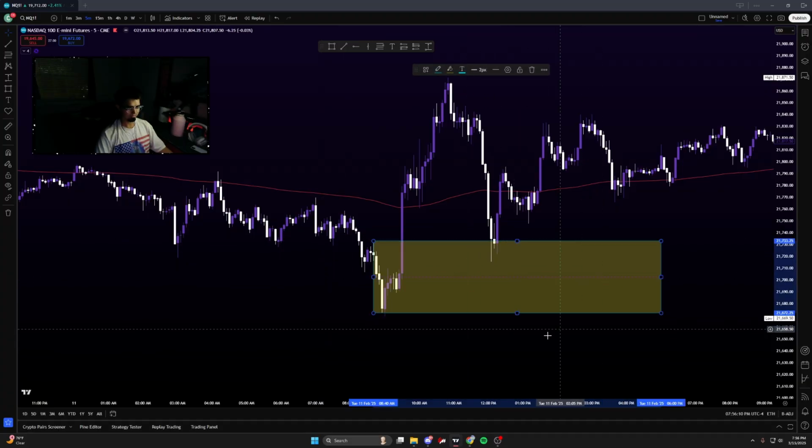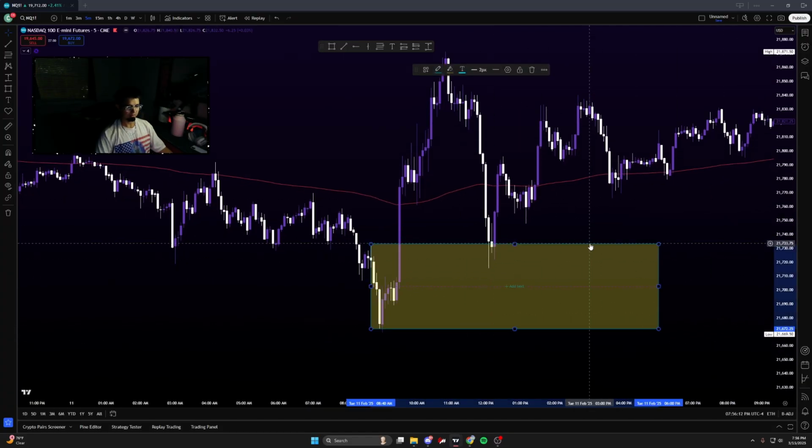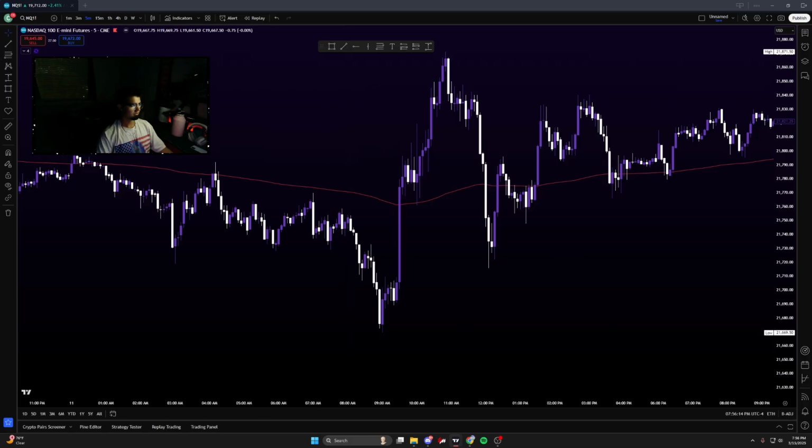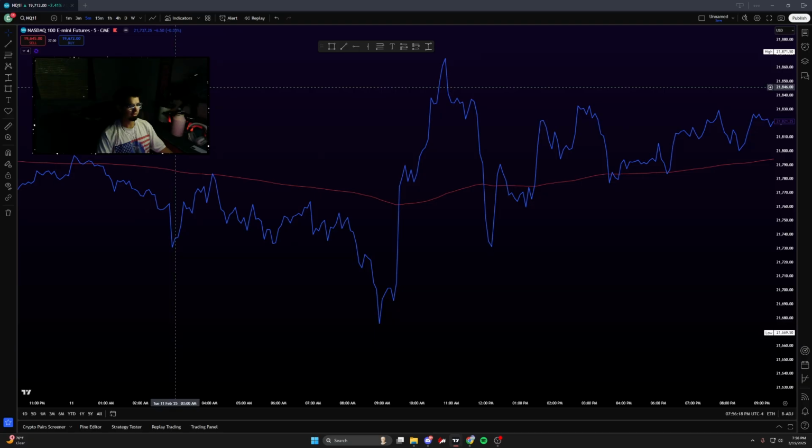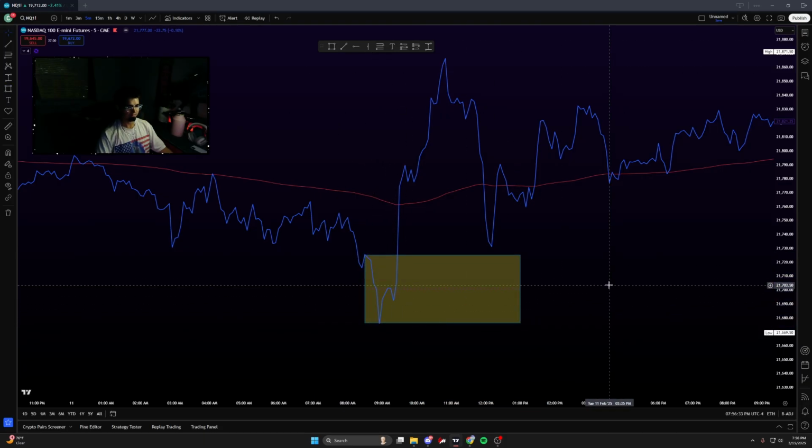So right here, just for an example, I can even change it to the line just to show you. We see our move up, move down, move up, move down, move up, move down, then our move up right here. This movement down right here is going to be our order block, just like that.